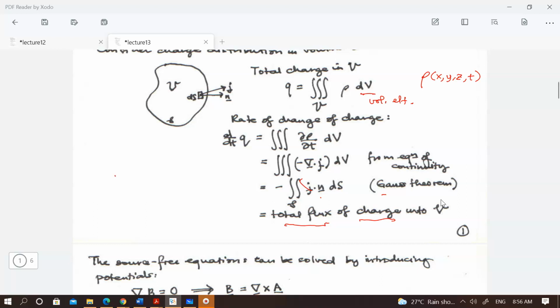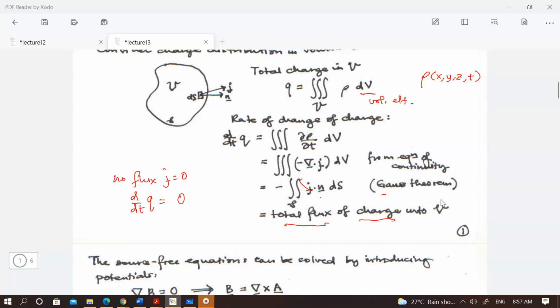No flux, meaning no charges leaving or entering the system, that means J equals 0. Then essentially this will give you d dt Q to be equal to 0. So that's why it's related to the idea of conservation of charge.